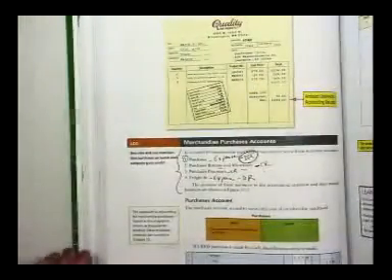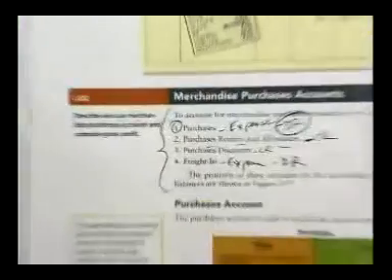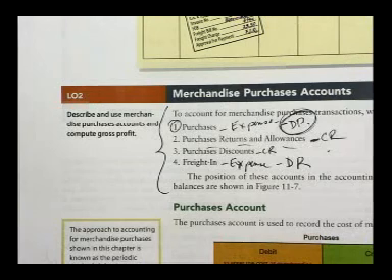Okay, the next thing we need to talk about are the new accounts that have been added to this chapter, and there are 4 new accounts. The first one is purchases, an expense account with a normal debit balance.